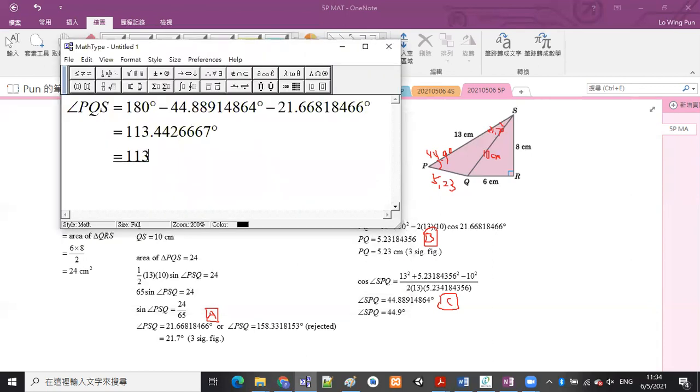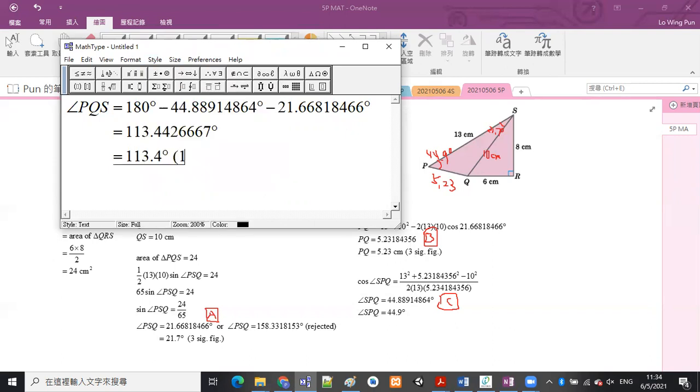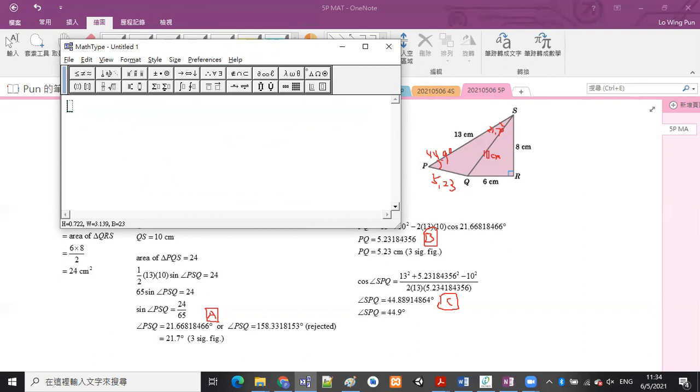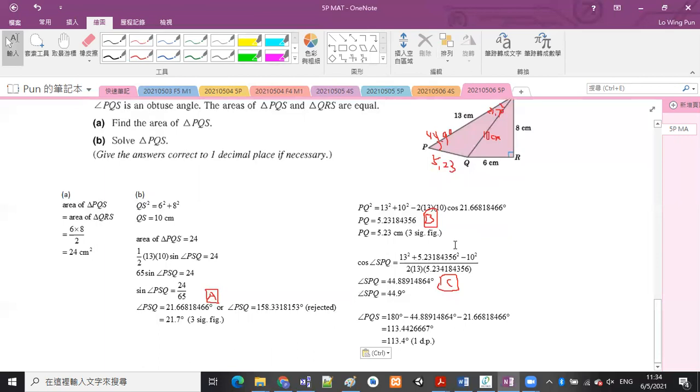So it should be 113.4 degrees, and it is 1 decimal place. And this one is 1 dp. That's okay. This one is 1 dp. That's okay. This one has 2 dp. That is more okay, because it's more accurate than the requirement. So the box won't be wrong? No. As long as you are more accurate than the requirement, then that is okay.